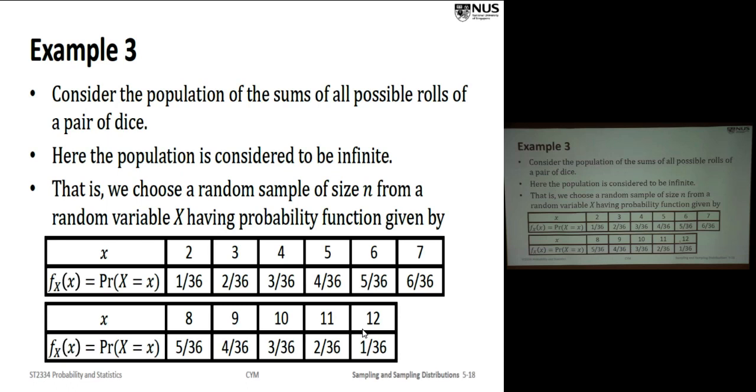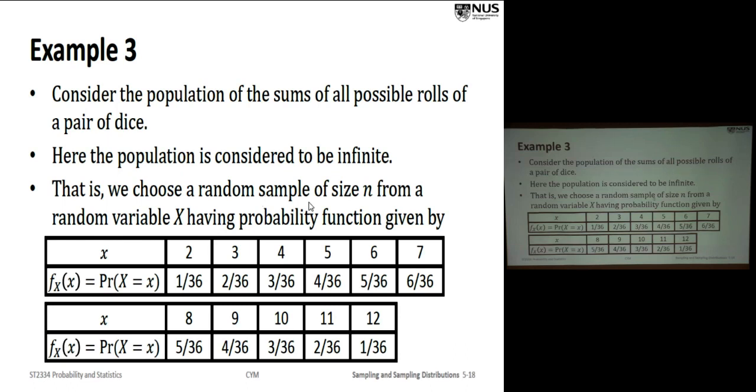Okay, so this is just the probability mass function associated with rolling two dice and adding together the scores. The population is an infinite sequence of these random variables which possess exactly this probability mass function. And we want to study this infinite sequence by taking a finite subset of it.